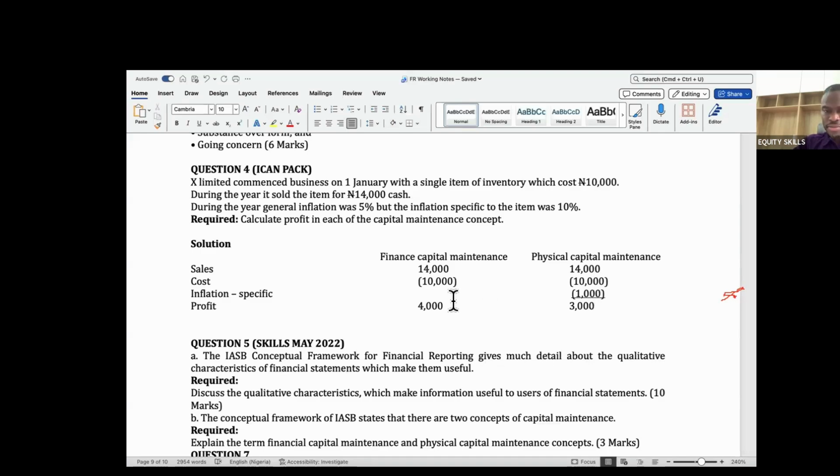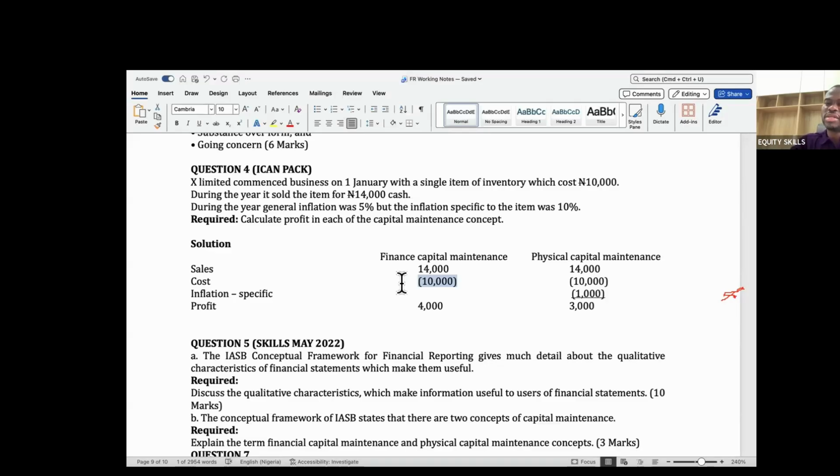Because under financial capital maintenance, he's saying he has made a profit of 4,000. Imagine if he shares the whole of the profits to his shareholders as dividend. Do you know that he will be left with only 10,000? And with that 10,000, can he buy the same quantity of goods he bought before? No, because there's inflation.